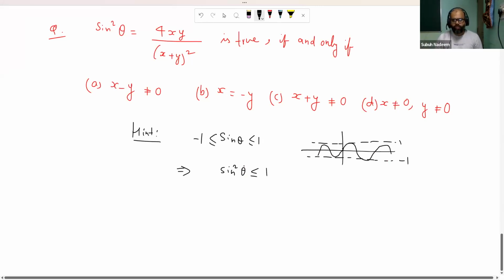If you do the square, obviously you will not get negative values, so it will be between 1 and 0. -1 square is also 1, 1 square is also 1. This given here is sine square theta. So this sine square theta should be between 0 and 1, and it is equal to this. So this value should be between 0 and 1. So what is the condition that will come? Just try.